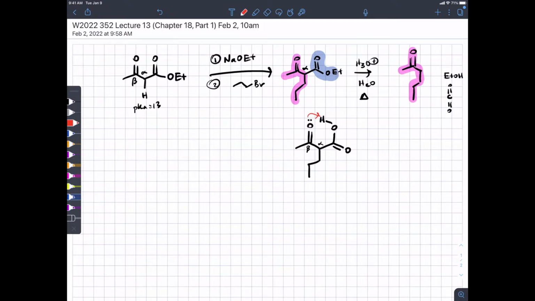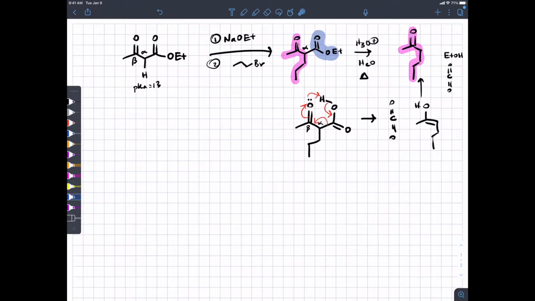We did this stepwise last time, but the way your text shows it, electrons here kick down to form a new pi bond, kicking off the alpha carbon with a negative charge on it as the enolate, though we can instead push arrows like this, and that gives us CO2, and then this enol, which is the less stable form of the molecule, which will rapidly tautomerize to the keto form.